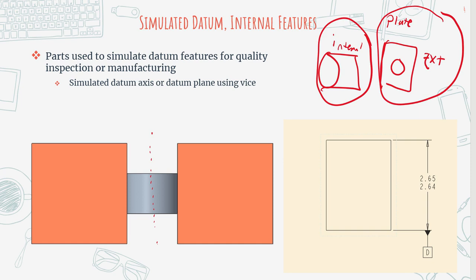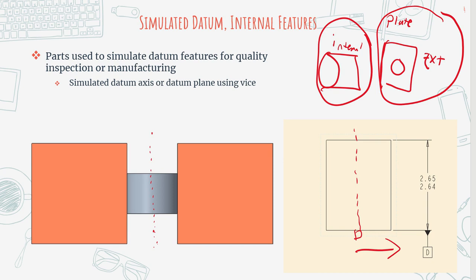So how do you simulate the datum axis physically for a pin? You can define it like this in a drawing, and that's how we say, well, we want datum axis D to be the simulated datum that we can reference off of. But physically, that is going to be simulated by something like having a vise.